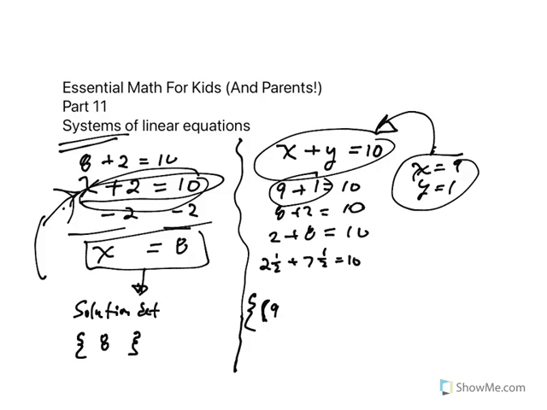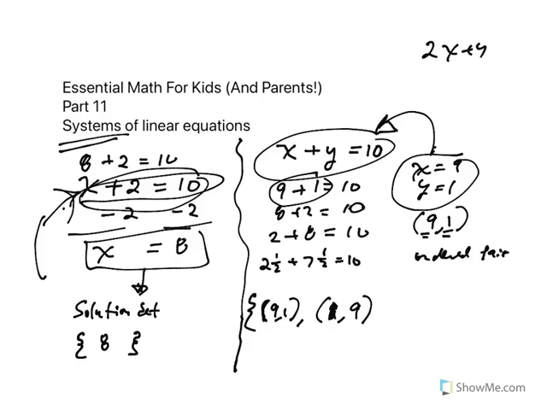And what we often do is we write those two numbers with parentheses around them, with the one that goes for x first, the one that goes for y second. That's called an ordered pair. It's an ordered pair because 9, 1 is not exactly the same thing as 1, 9, which also works in this case. But I could have a more complicated equation like 2x plus y equals 10.